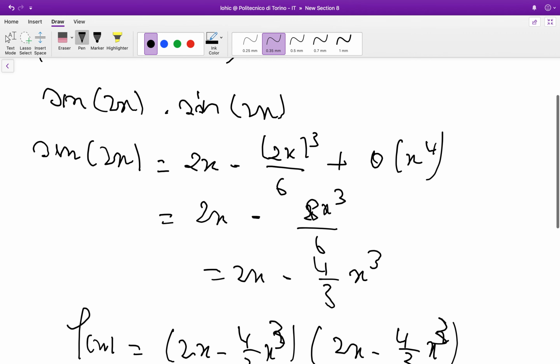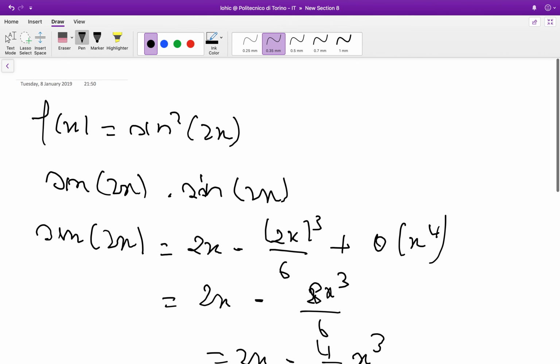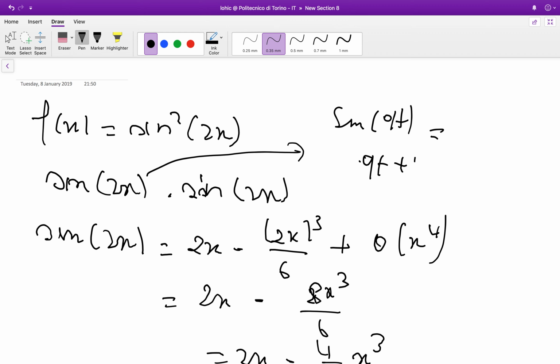So I remind you that the formula we use is the fact that the sine of a quantity is equal to the quantity minus the quantity cubed over 6 plus the quantity to the fifth over 5 factorial, and so on and so forth, right?